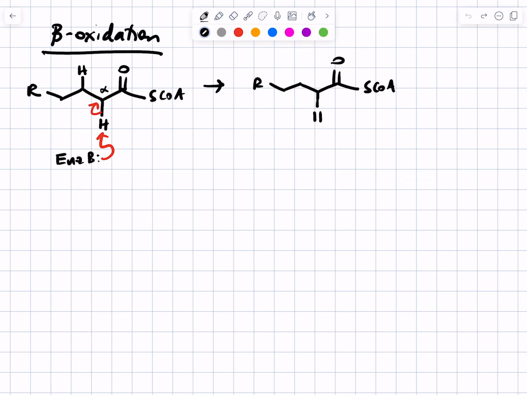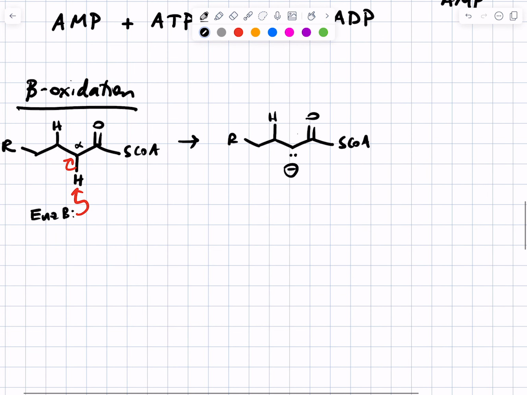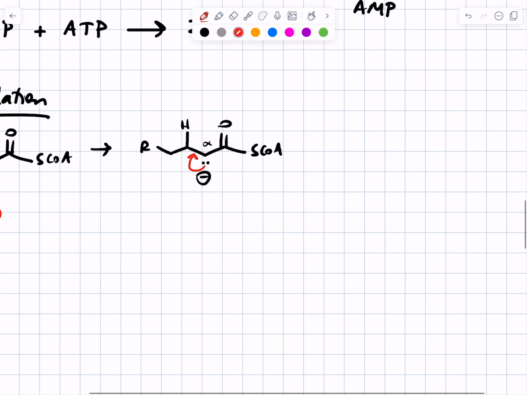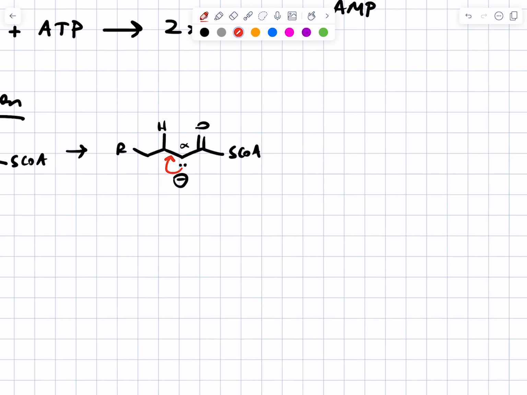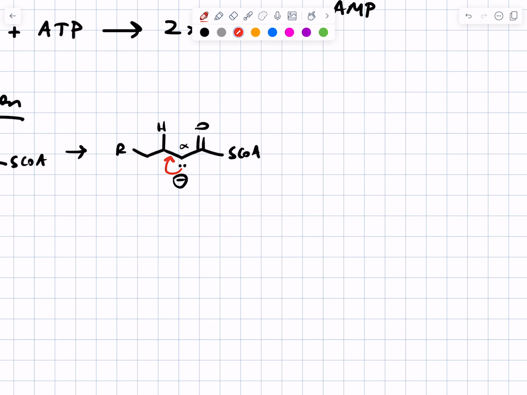And then the electrons on that negatively charged alpha carbon will kick down and have hydride be delivered to an oxidizing agent as a leaving group. The oxidizing agent that's going to accept the hydride is not NADH, but it's a molecule called FAD. And you may not have seen FAD before, so we'll draw it for you now.